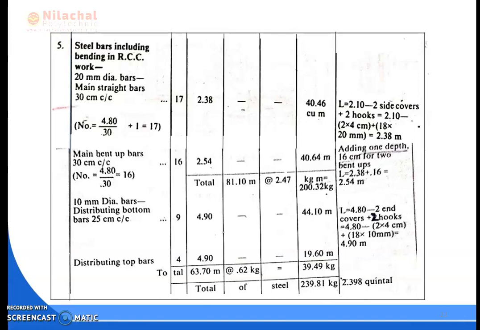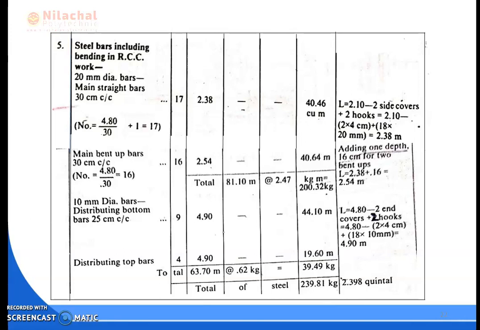The main straight bars are one more than the main bent up bars, because the straight and bent up bars lie in the RCC slab in an alternative way, but the starting point and ending point must be straight bars, provided in case of bar binding.